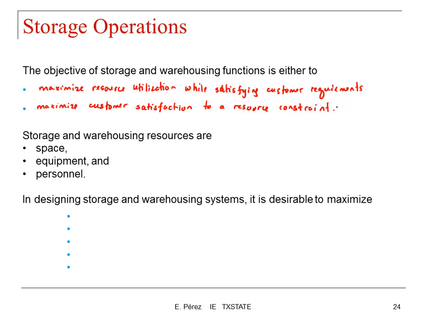Maybe it's measured using the state of the items, so you don't have defects. That could be another way to measure the satisfaction of the customer, and so on. Okay, so we are trying to optimize or find the best way to fulfill these customer orders, and we're going to have some constraints in terms of resources.